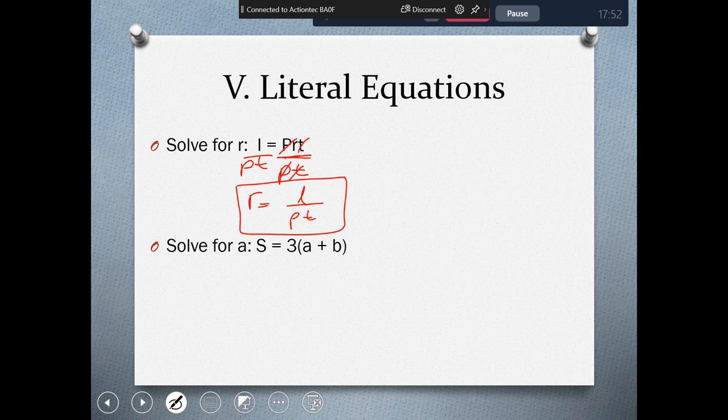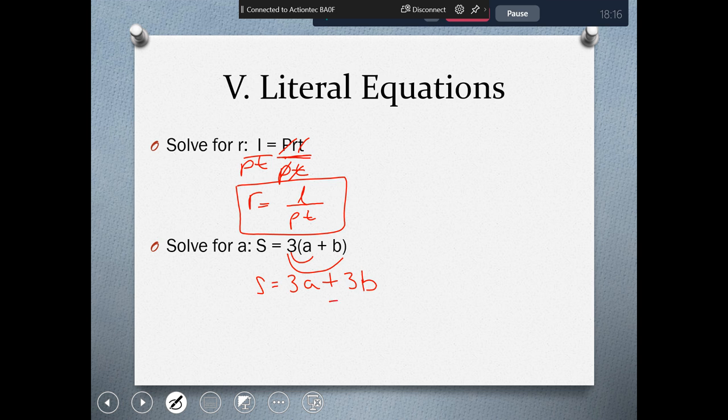Okay, then this next one here, we're solving for A, but I still need to distribute first. I'm going to have S equals 3A plus 3B. The 3B is kind of like a constant. It is the number that is being added or subtracted to our variable that we're looking for.